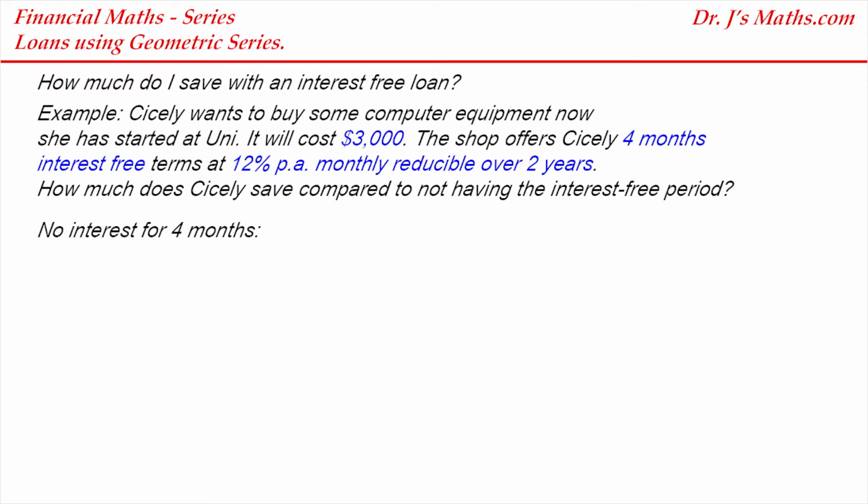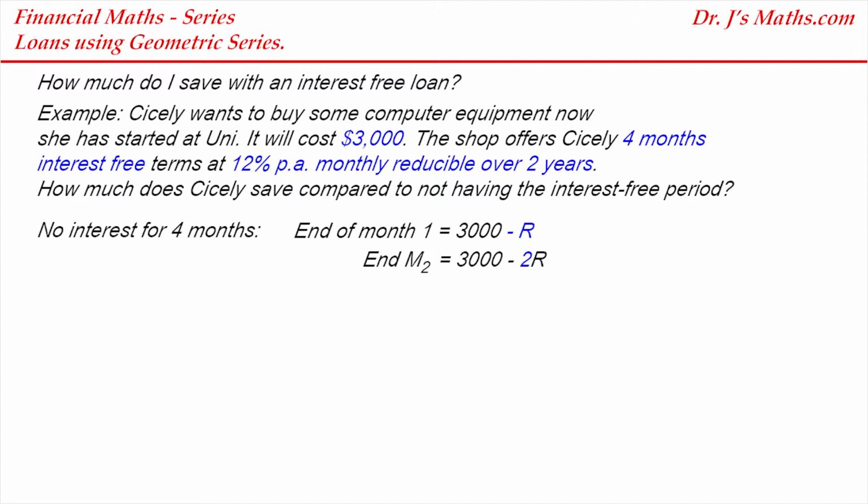Now we can have a look at the context in which she has been given the 4 months of interest-free. At the end of the first month, she's borrowed the $3,000, no interest added, just a first repayment, so minus R. Second month, no interest added, so she subtracts another R from her loan, so that's minus 2R.